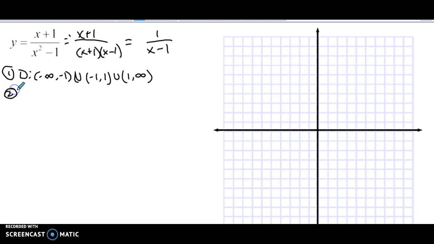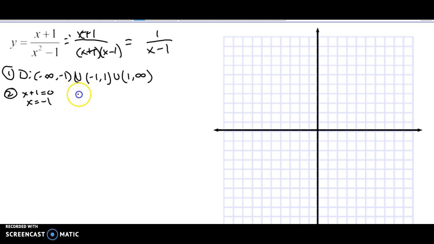Number 2, we're looking at our values for if we have a hole. Well, in our case, we did have some cancellation here, which is x plus 1 and x plus 1. So we're going to take x plus 1 and set it equal to 0, which gives us x equals negative 1. That gives us our x value, but we have to figure out exactly what our y value is, because remember our holes have to have ordered pairs.